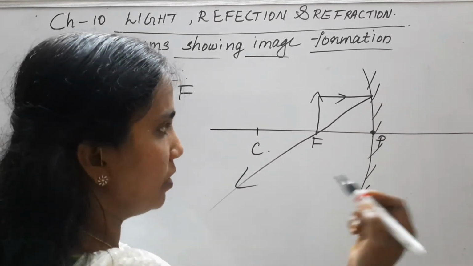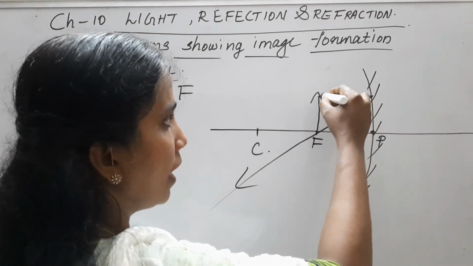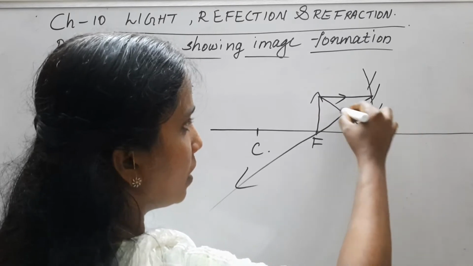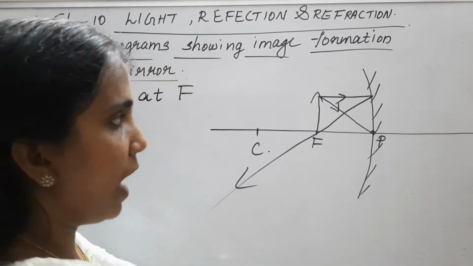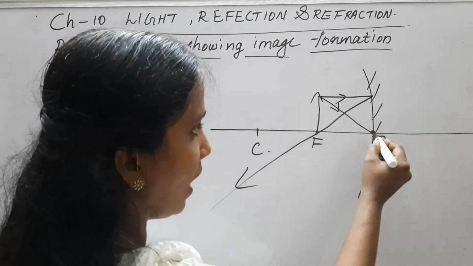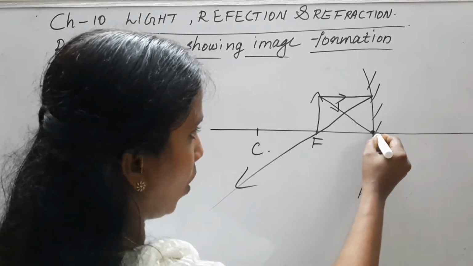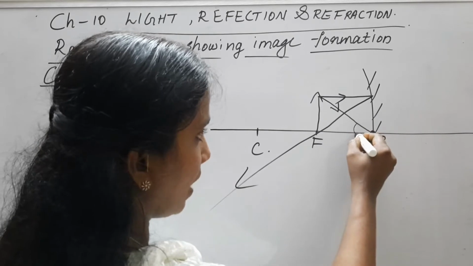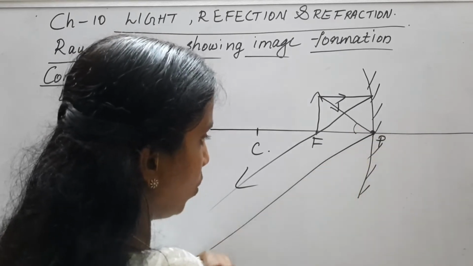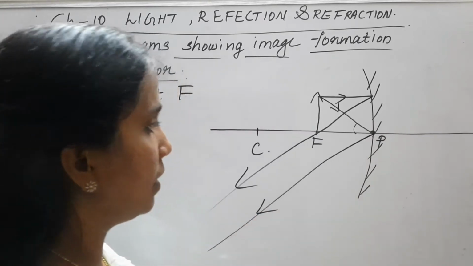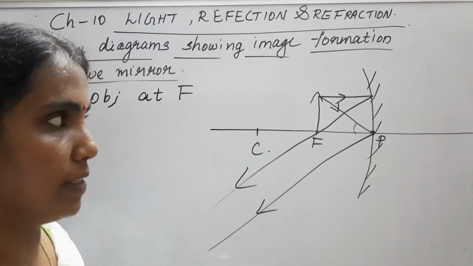And the second ray, here you can imagine the ray which is striking at the pole. Here the principal axis acts as the normal, so with the normal it will make the same angle. When we draw, we get the reflected ray like this.